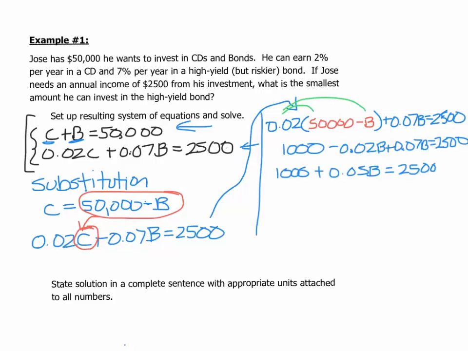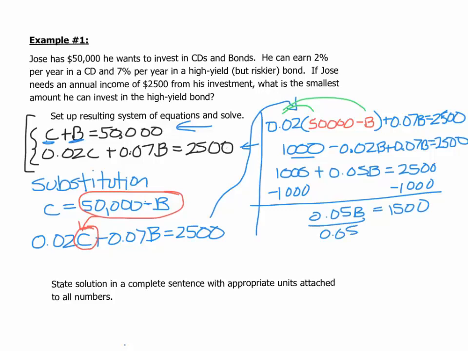The 0.02 times 50,000 gives me 1,000, minus 0.02B plus 0.07B gives me 0.05B. I'm going to subtract 1,000 from both sides, and I have 0.05B equals 1,500. Divide by 0.05 on both sides, and I get B equals 30,000.